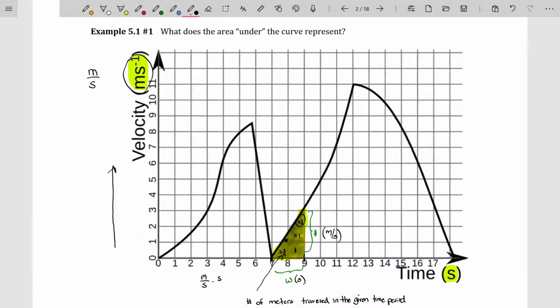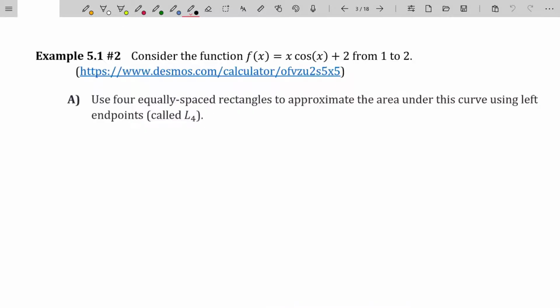You're basically looking at these areas underneath these curves and trying to approximate their values and maybe even interpret what they mean. The big question is, how do you approximate those areas? And we're going to develop that method here, and then we're going to codify that method in the next video.